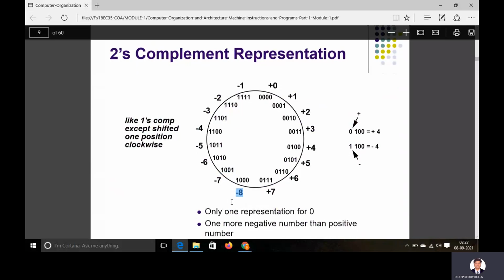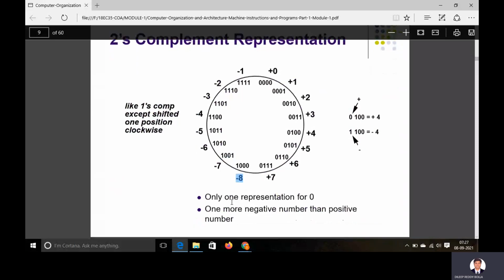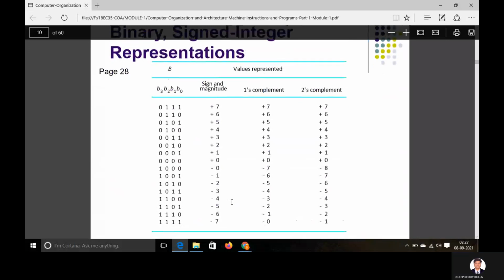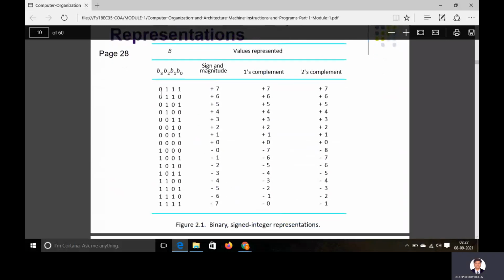If you look at this chart, we can clearly understand the corresponding representations. This is the binary value, from here to here, all of them are positive numbers. So plus 7, plus 7, plus 7, it is not going to change.